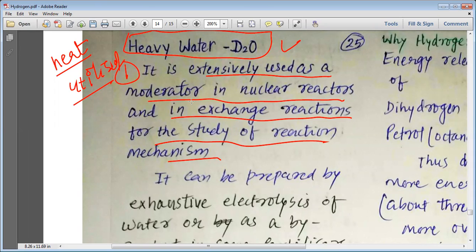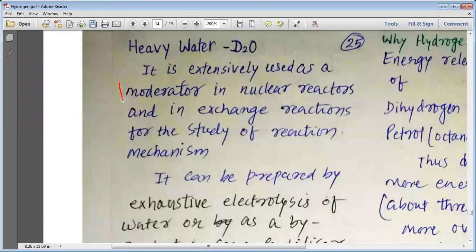So, my dear students, to cool down the various nuclear reactors, we use water for cooling it. Instead of using pure water as a moderator for cooling the nuclear reactors, this heavy water D2O is being utilized. Now, the exchange reactions for the study of reaction mechanism.